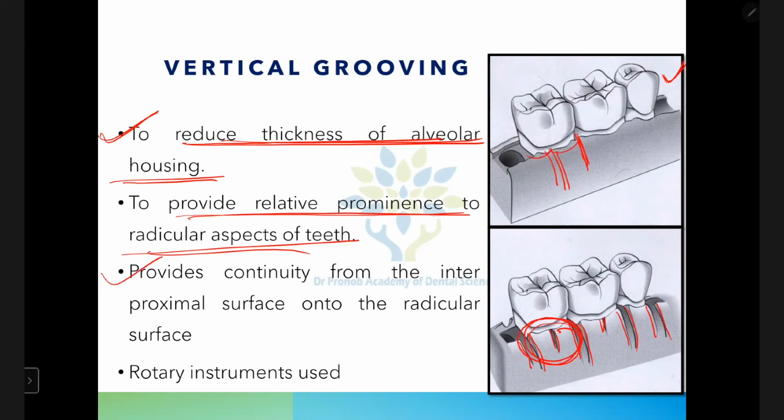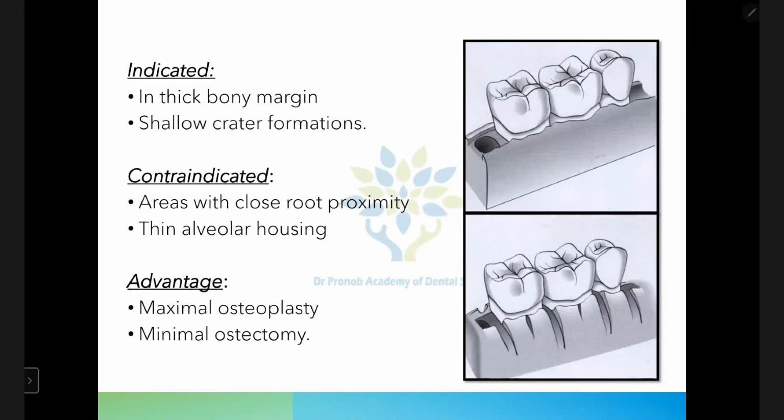And for this, rotary instruments are used. Why are rotary instruments used for this purpose? So remember an important point: the first 2 steps, vertical grooving and radicular blending, these 2 are the osteoplasty procedures. The first 2 steps are the osteoplasty.